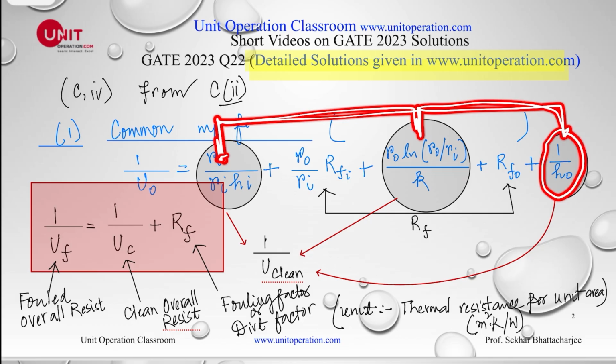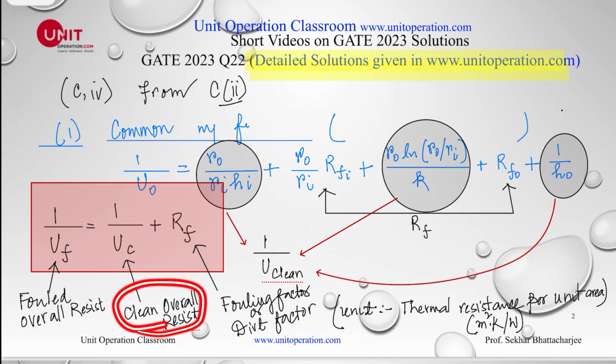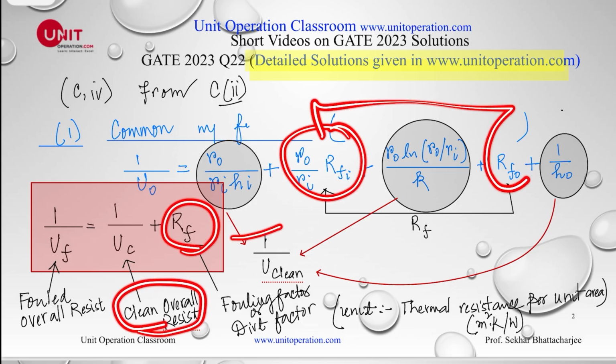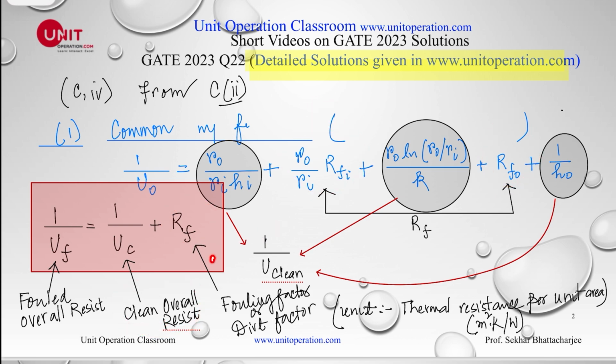So this one and this one and this one constitute the clean overall resistance, and this one and this one constitute the fouling factor or dirt factor. So the fouled overall resistance is equal to the clean overall resistance plus the fouling factor or dirt factor, and the values of the fouling factors for different combinations of fluids are available in standard textbooks.